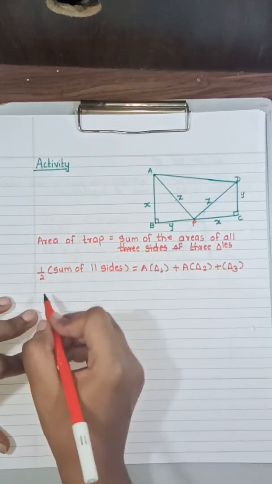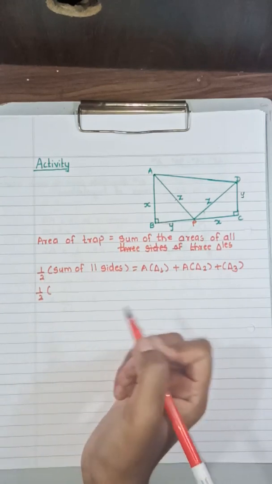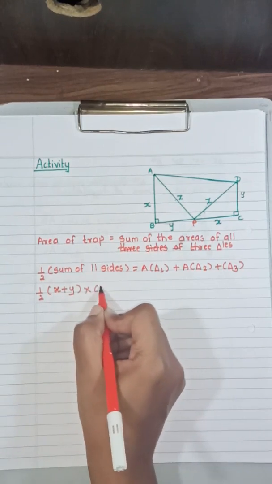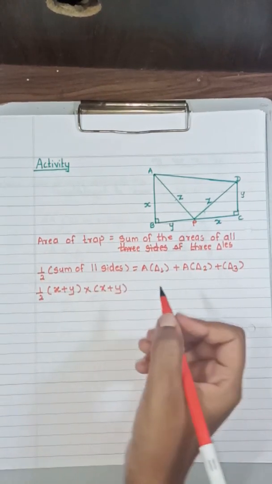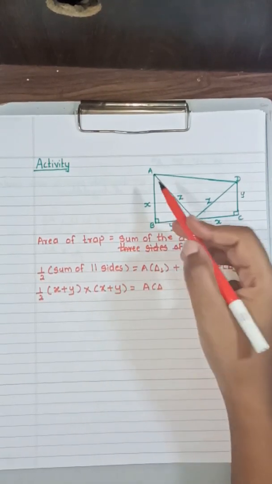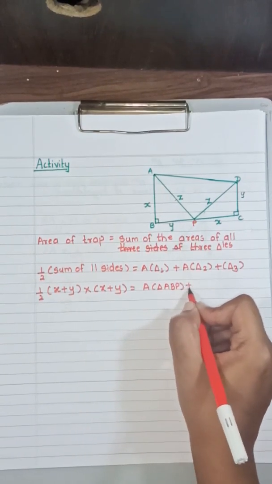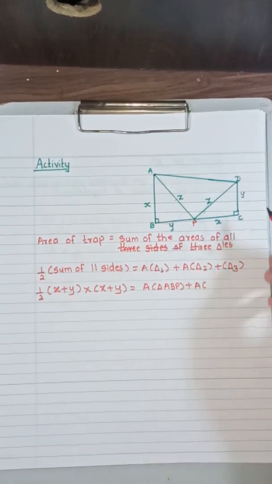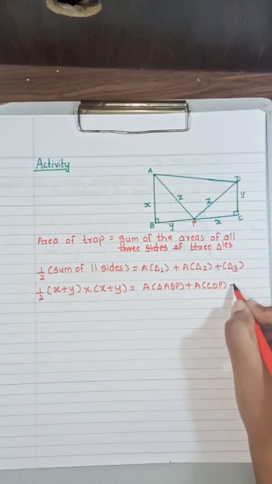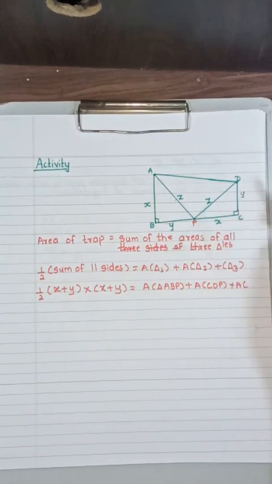Now the sum of the parallel sides is x plus y, so half into x plus y into x plus y is equal to the area of the first triangle ABP, plus the area of the second triangle CDP, plus the area of the third triangle APD.